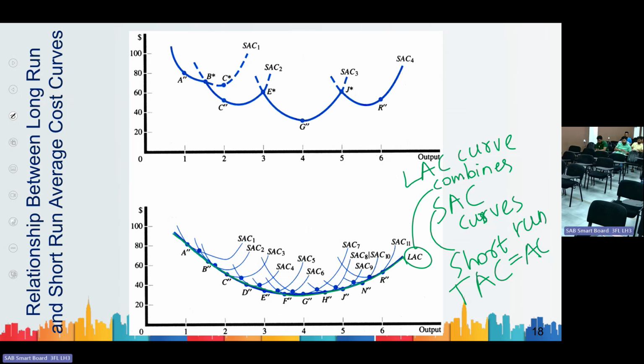Because all the time a firm operates in the short run. So if we think about this particular point in time, SAB is operating in the short run. When it plans for long run expansions, then that time horizon is called the long run. So every time we observe the operations of a firm, it operates in the short run.